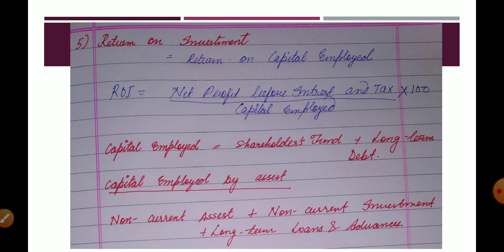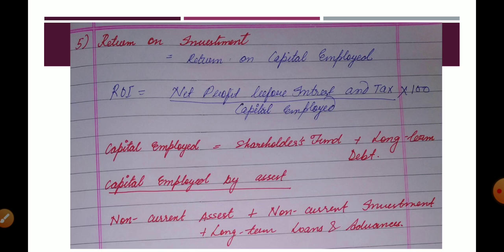This is very important. The term investment here refers to the long-term funds in the enterprise. Long-term funds are also known as capital employed, which means the total shareholders' funds and long-term loans. Okay.